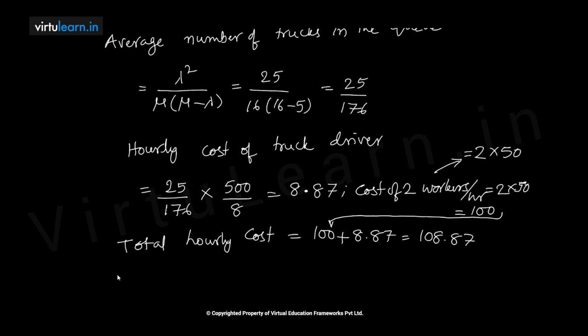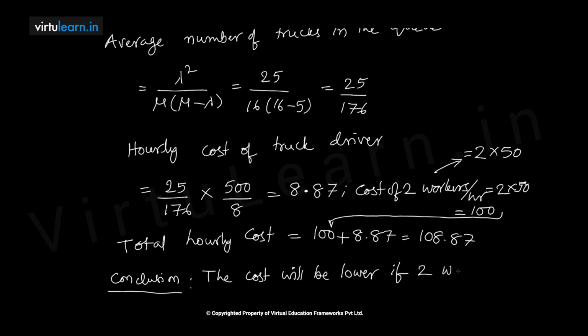It results in lesser waiting time for drivers, which will result in goodwill for the organization. Then we can write the conclusion that the cost will be lower if we engage 2 workers. That is the desirable option, or it is suggested.